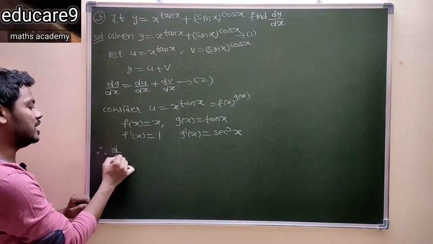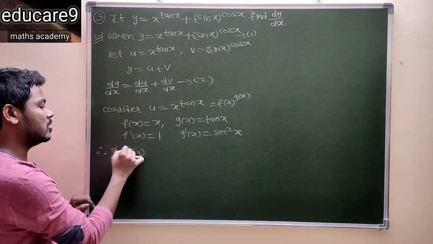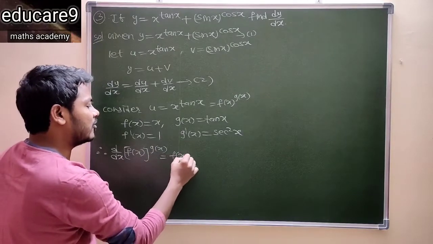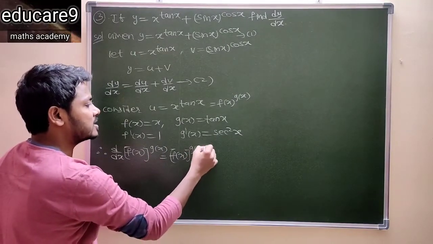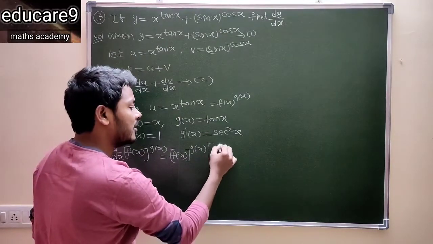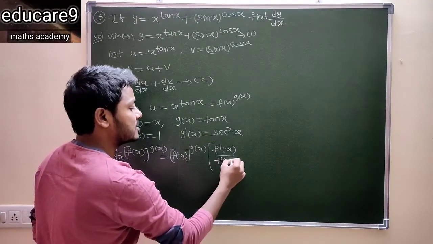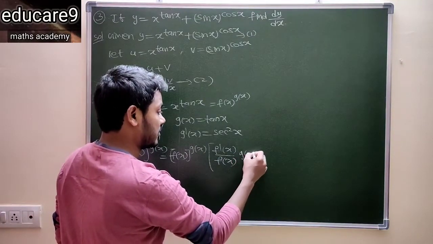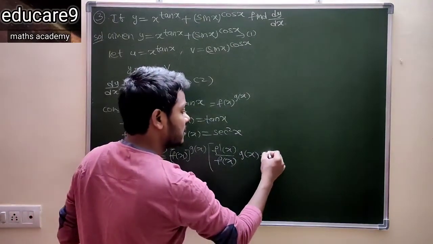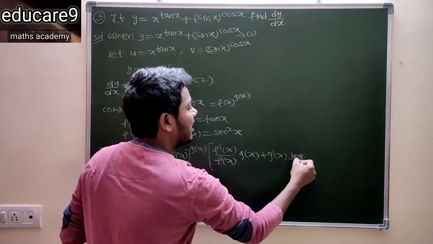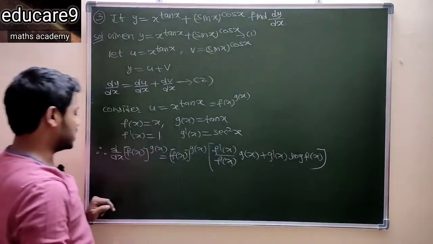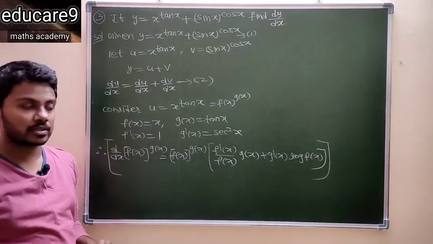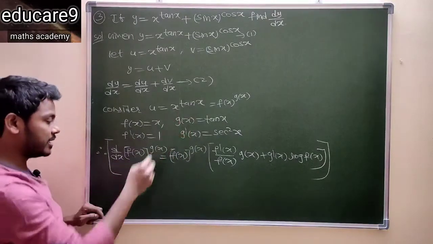Therefore you know that d by dx of f of x whole power g of x is equal to f of x whole power g of x into [f dash x by f of x into g of x plus g dash of x into log f of x]. So this is the formula of d by dx of f of x whole power g of x. See here, f of x is x, g of x is tan x.